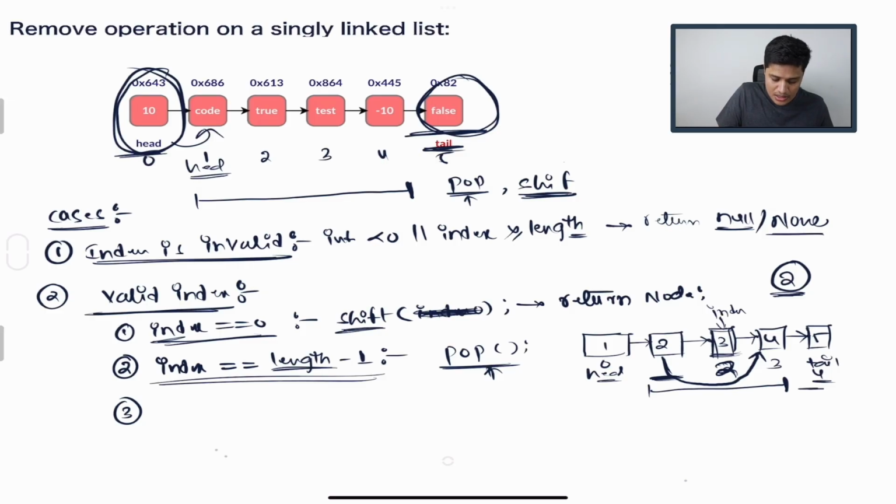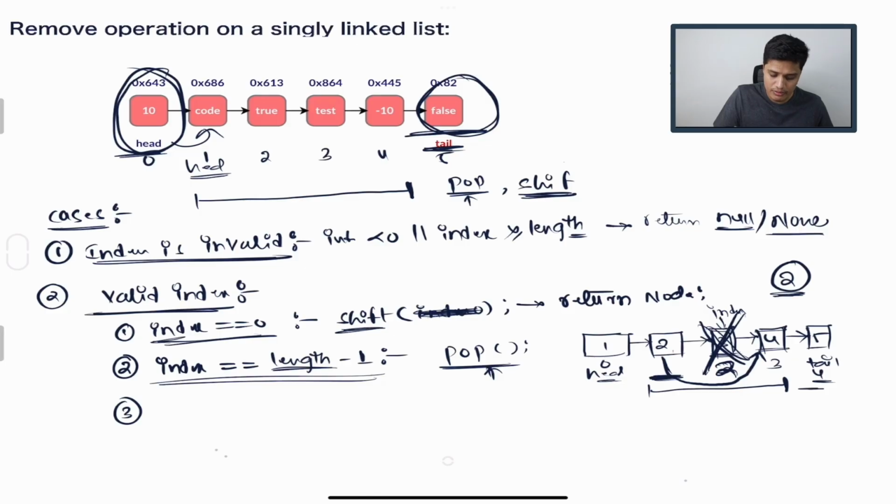That means that this node's next will be having the reference of the node 4. In that way, this node is actually getting deleted. Okay, I hope you understood. What exactly we will do is, first we will go ahead and get the node that is at index minus 1th position, because in that node we have the reference of the node that is at indexed position.